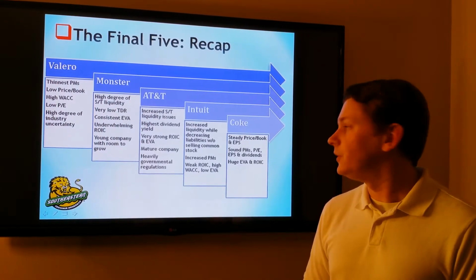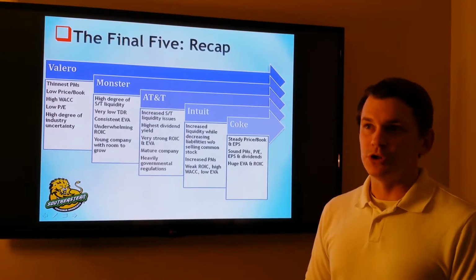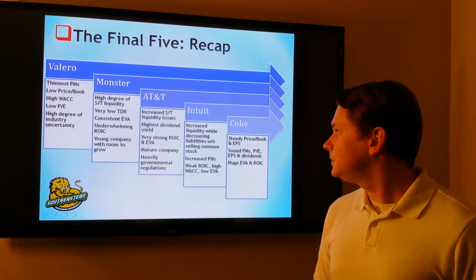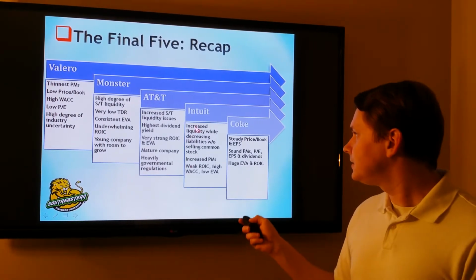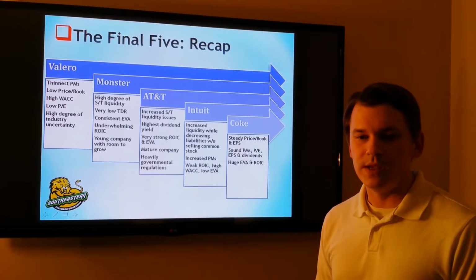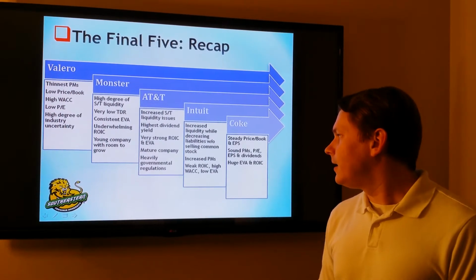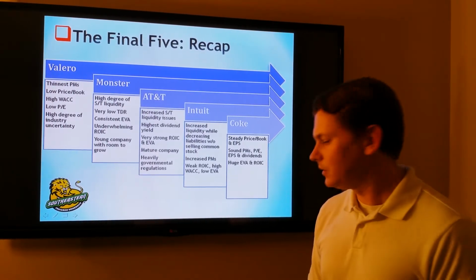Their management is really doing well, especially over the past 3 years. Their EBIT margins were looking good. Very good looking firm from a management standpoint. With all of this, we also saw an increased profit margin. However, their weak ROIC, weighted average cost of capital, and economic value added are a little bit of a concern, but nothing huge.